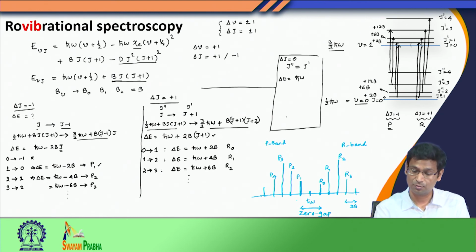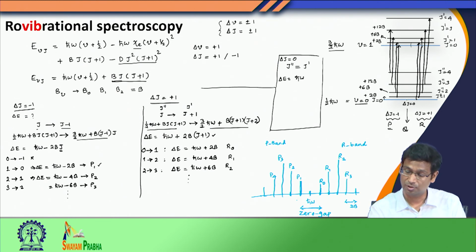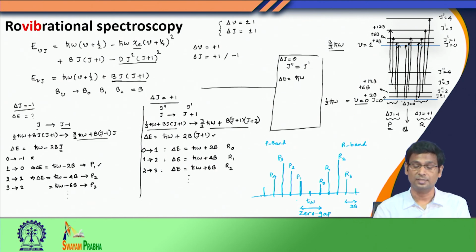And when delta j equals 0 lines are there, they are called the Q band, so that we have P, Q and R. So, just to draw some delta j equals 0, I have j 0 to 0, this is 1 to 1, 2 to 2 and so on. So, these are R lines, these are P lines, these are Q lines.